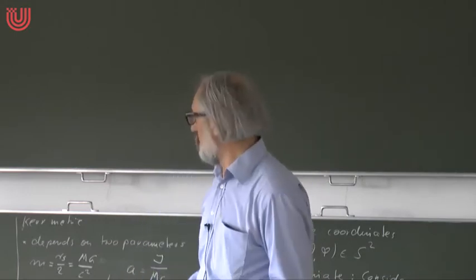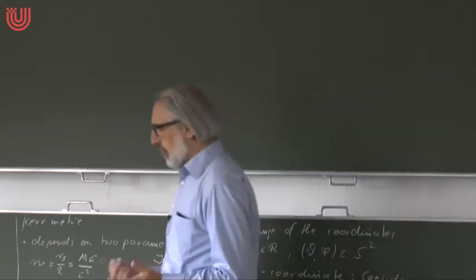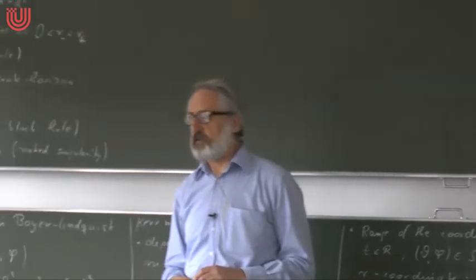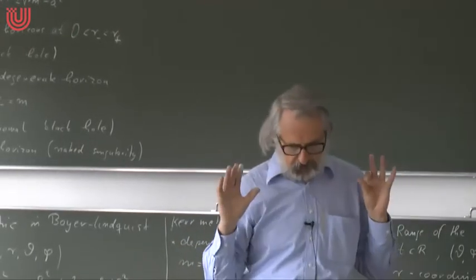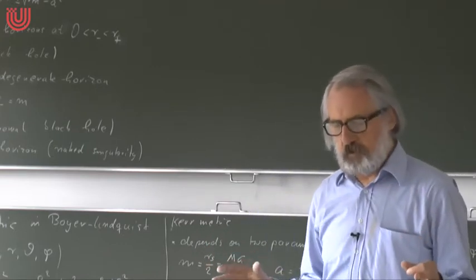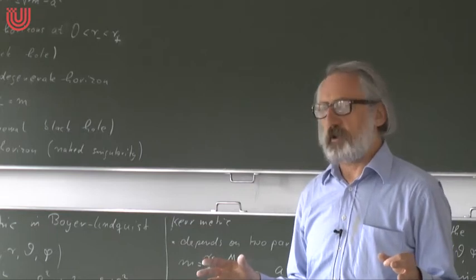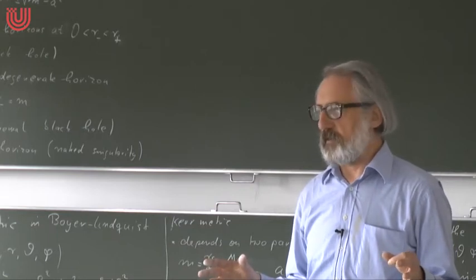And that's the so-called cosmic censorship hypothesis by Roger Penrose, who formulated this already in the 1960s. He said, I conjecture that under reasonable physical assumptions, any body which would undergo gravitational collapse would end up as a black hole and not as a naked singularity.